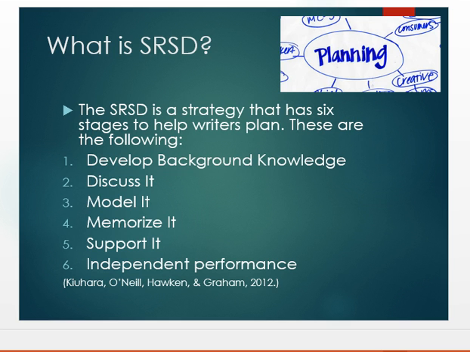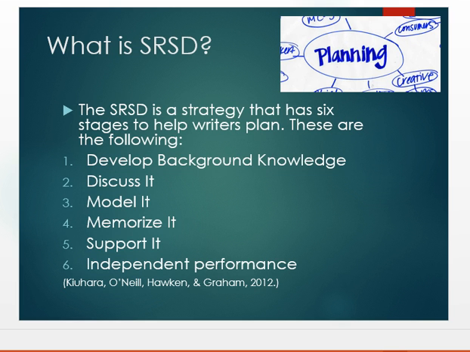So this strategy has 6 parts to help writers plan, and they are the following. The first one is to develop background knowledge. Some writers might not have as much background knowledge on a topic, so the teacher really wants to make sure that they know exactly where this particular writer is coming from. So that's an important step.